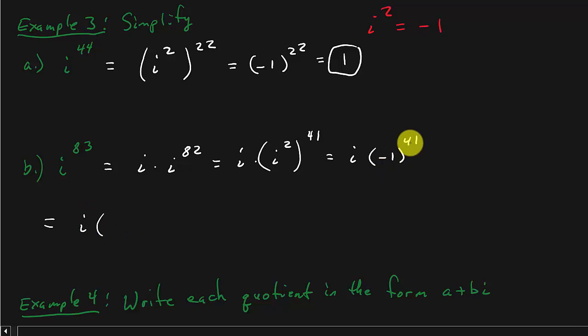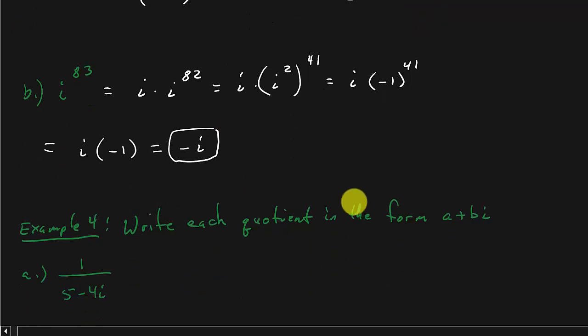Well, when you raise -1 to an odd power, that's going to give you -1 as an answer. And so -1 times i is just -i. All right, so I hope that helped.